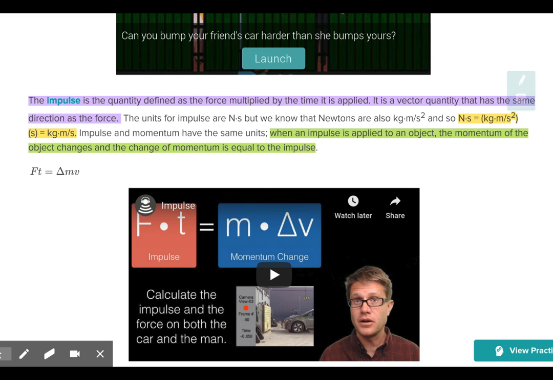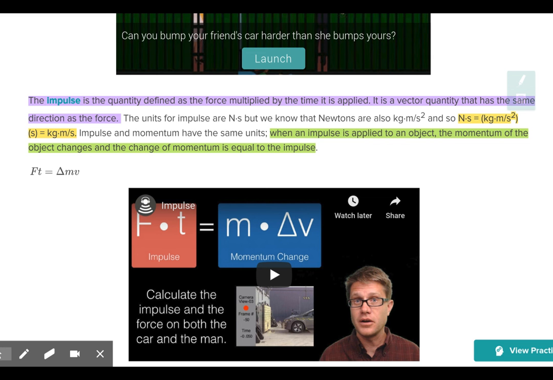As you noticed, kilogram times meter per second is the same unit as momentum. Okay, so basically, impulse is the same as momentum, but it's the change in momentum. Since it's a change, the unit does not change. It's just a number change.